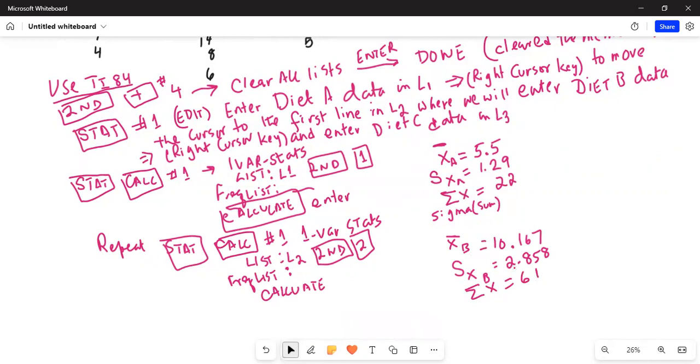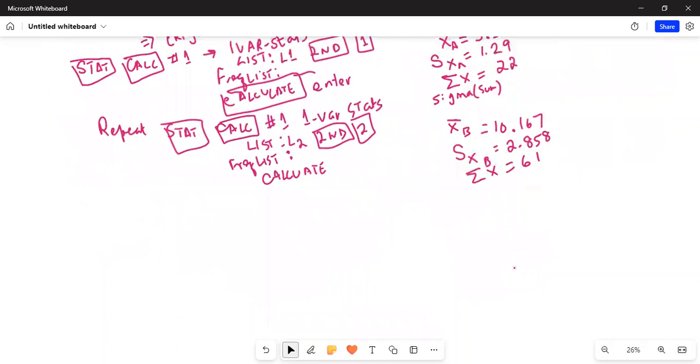Now let's move it up a little bit more and repeat this process for L3. Stat, calc, 1, second and 3.